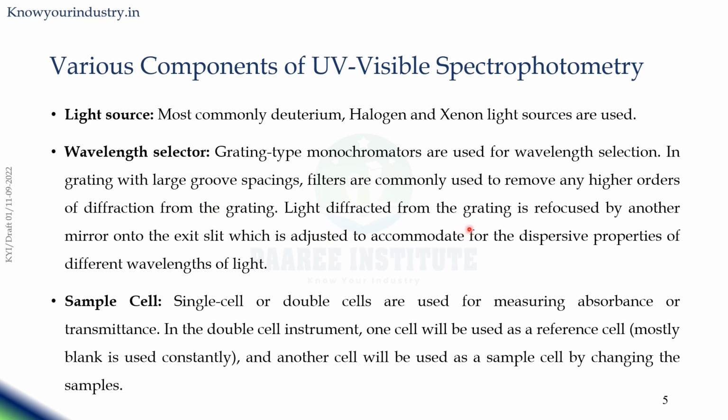Then the light diffracted from the grating is refocused by another mirror onto the exit slit, which is adjusted to accommodate for the dispersive properties of the different wavelengths of the light.